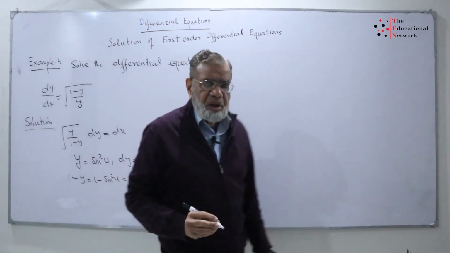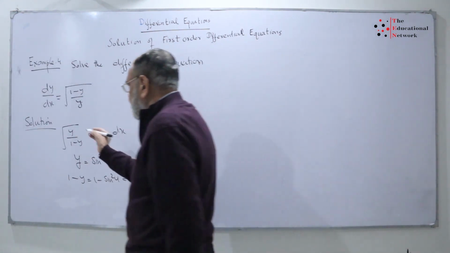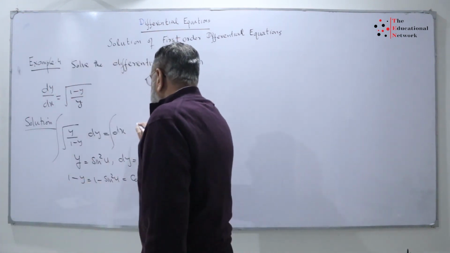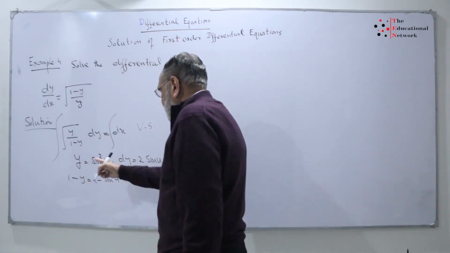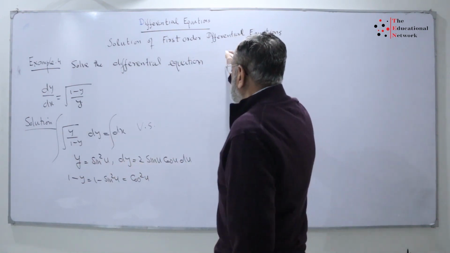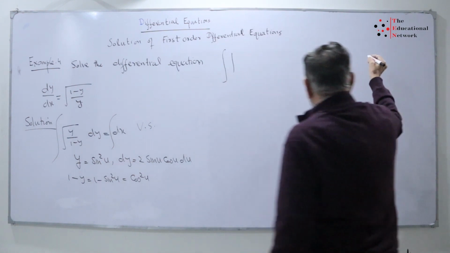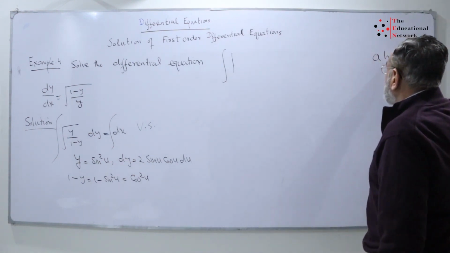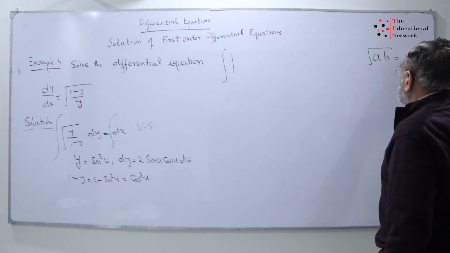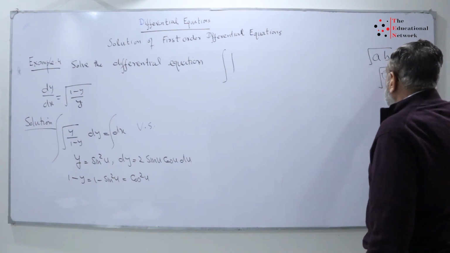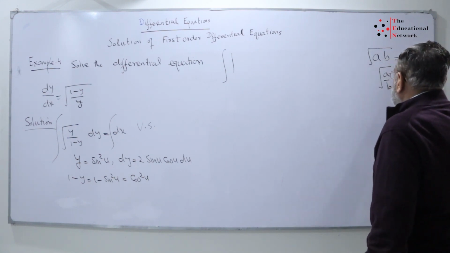I take my substitution. Now, number one, this is my separable form. I can just write the integrals in variable separable form, and to solve it I will make the substitution. Here in the integral I have the root sign, and for roots you can see that root of a into b is equal to root of a into root of b, and root of a over b we can write as root of a over root of b.